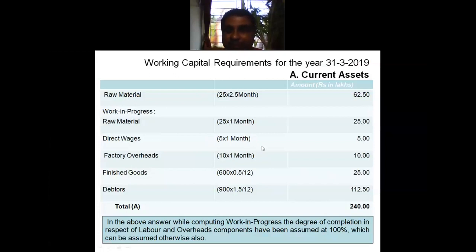In previous examples we assumed labor cost is 50% consumed, but here we are assuming the entire thing is 100% consumed. Finished goods is 0.5 months, 15 days. Debtors we have arrived at 1.5 months. On that basis, total current assets come to 240.